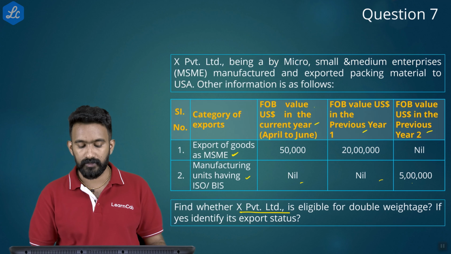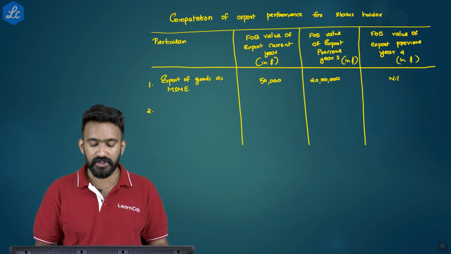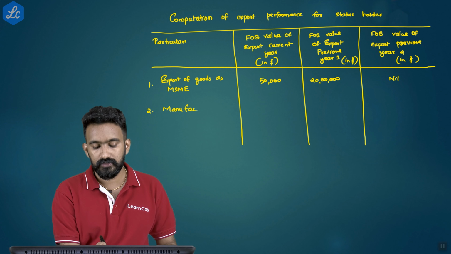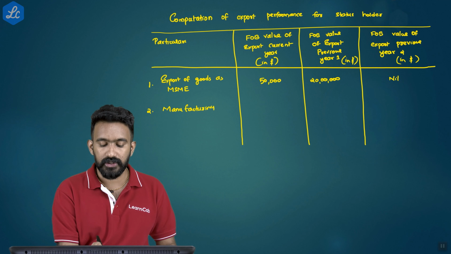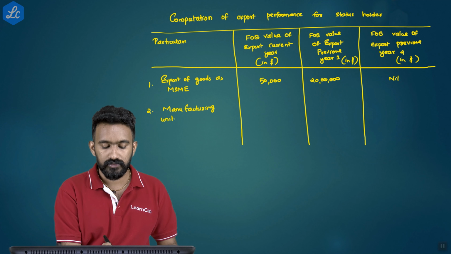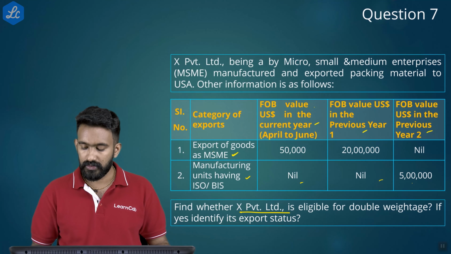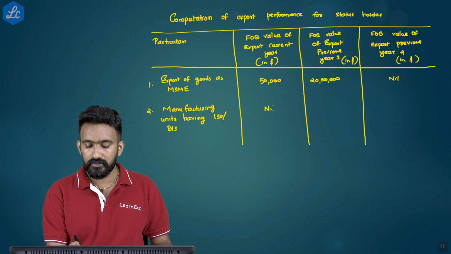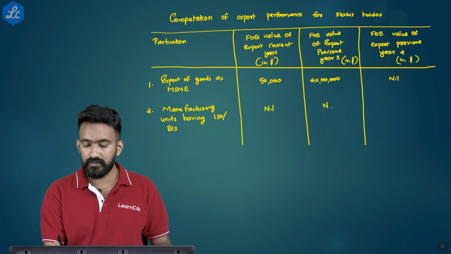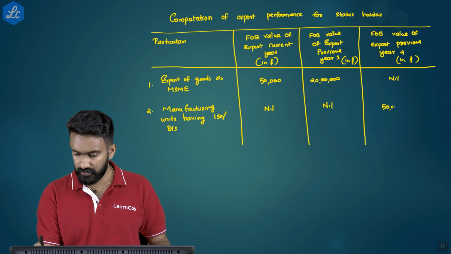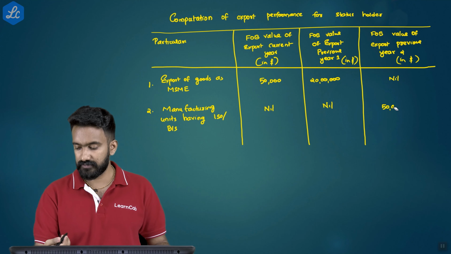Second, manufacturing units having ISO, BIS. Current year it's nil, previous year 1 it's nil, but previous year 2 it was 5 lakh.